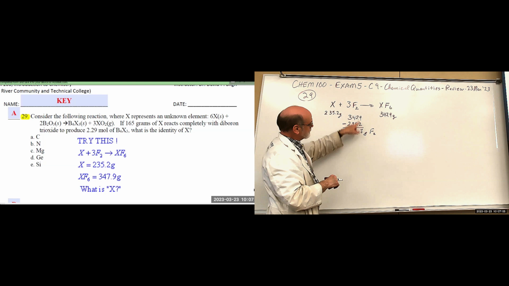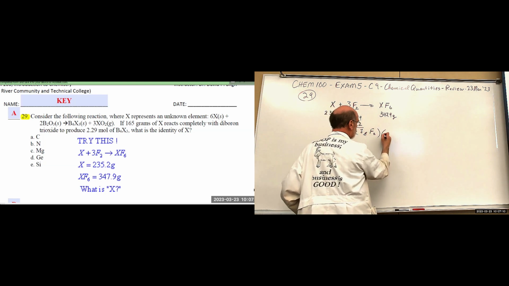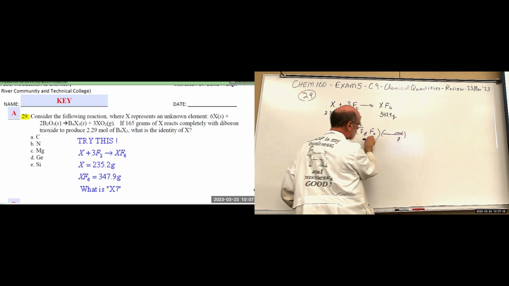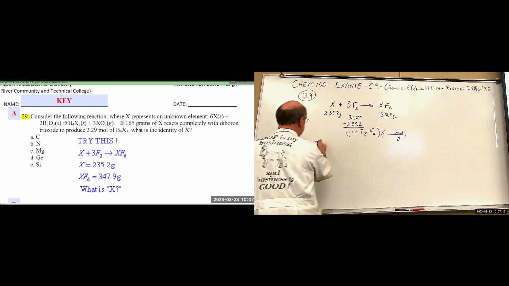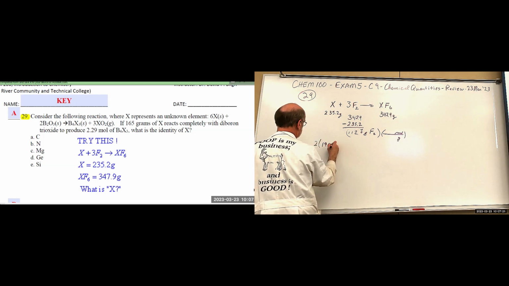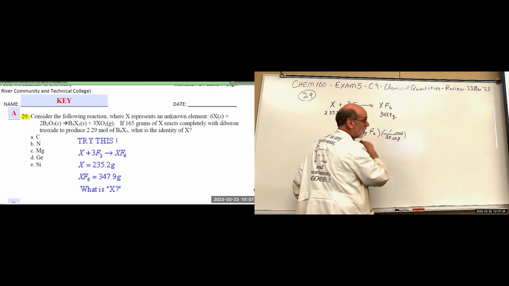Now we've got the mass of something we can calculate moles from, right? So we can say this one, grams here, moles there. We just need, what's the molar mass of F2? Well, it's 2 times 19 or 38. Right?